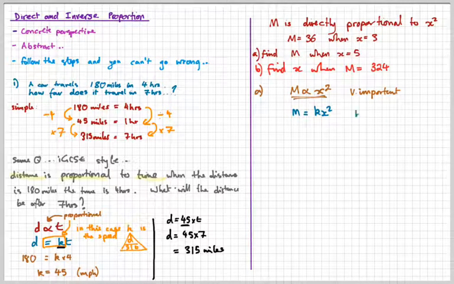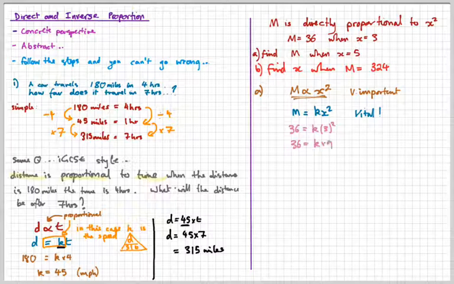That's our second step. This step is vital. You must write this step. Now we can substitute in the values we were given, so we know that 36 is equal to k times 3 squared, because m is 36 when x is 3. This means that 36 is equal to k times 9. So if we divide through by 9, we get that k is equal to 4. This will now help us to answer part A.